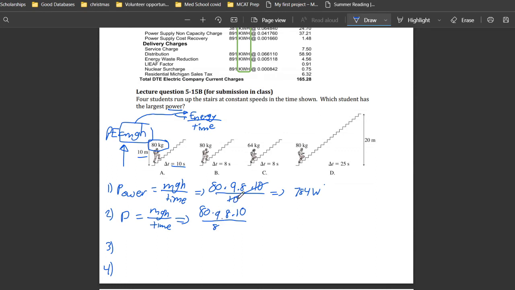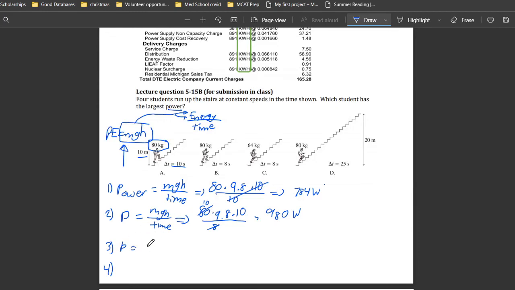So continuing this along, 80 divided by 8 is 10, so we could just cross that out and put a small 10 over it. 10 times 10 is 100, times 9.8 is equal to 980 watts. So right now, number 2 is in the lead for most power, having the largest power. But we'll continue along with the next one.